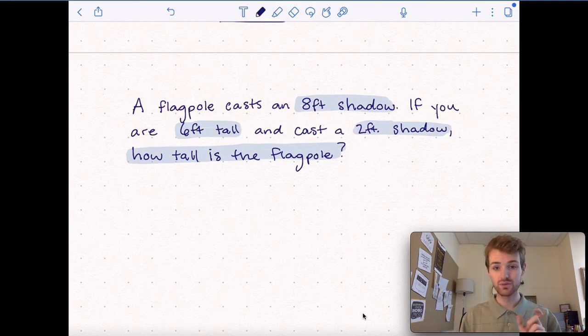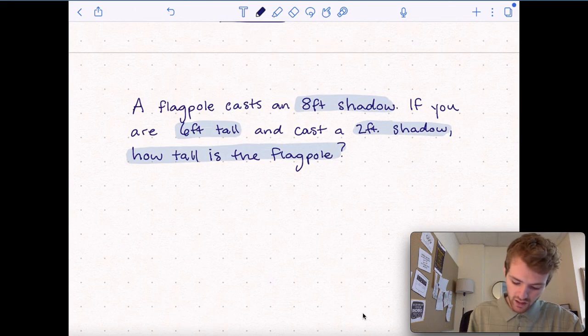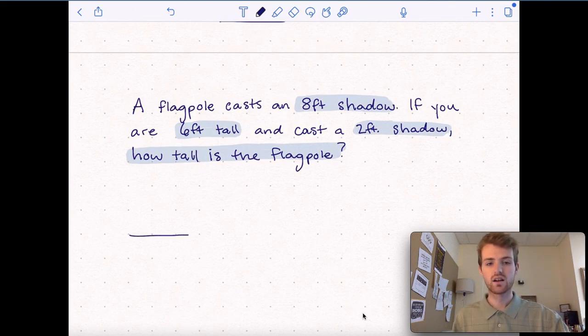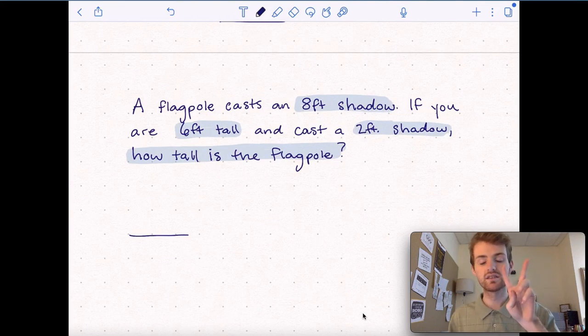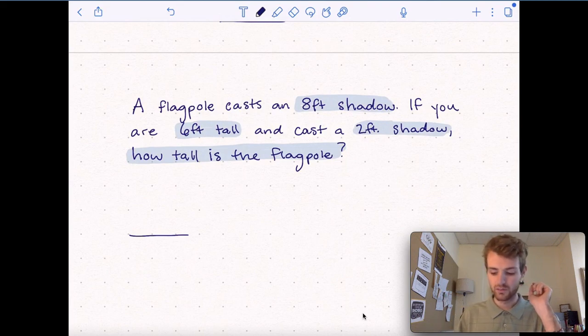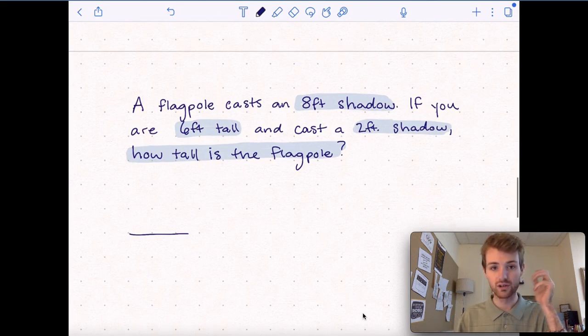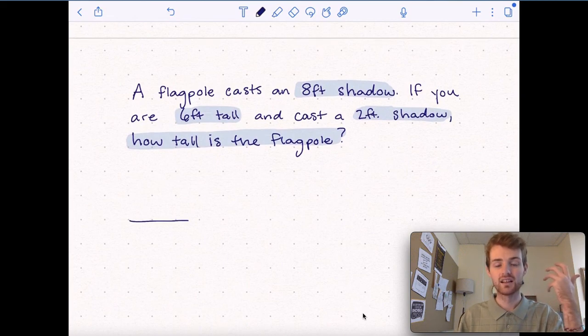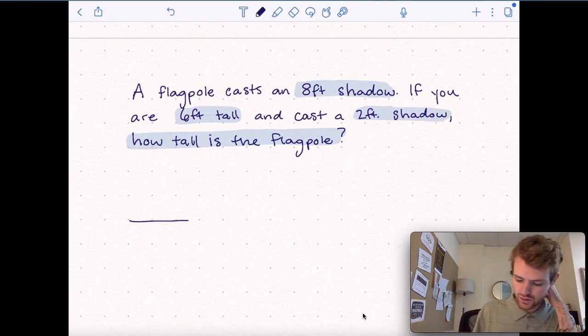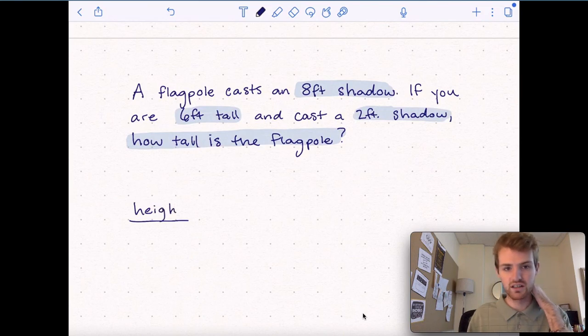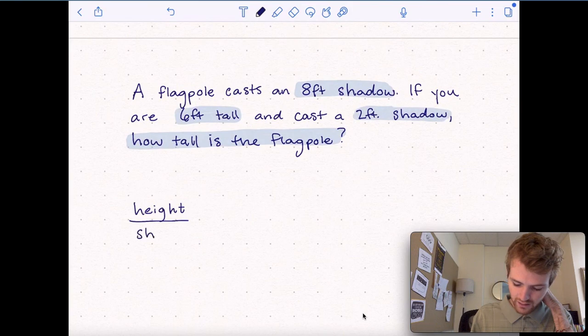What we want to do is create, just off to the side, our labels just to help us keep track. What two things are we comparing in this problem? Well, we're comparing the height of an object and the shadow length.